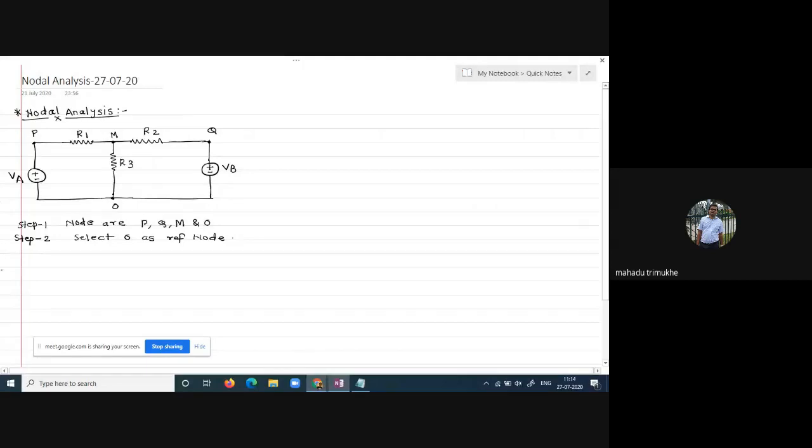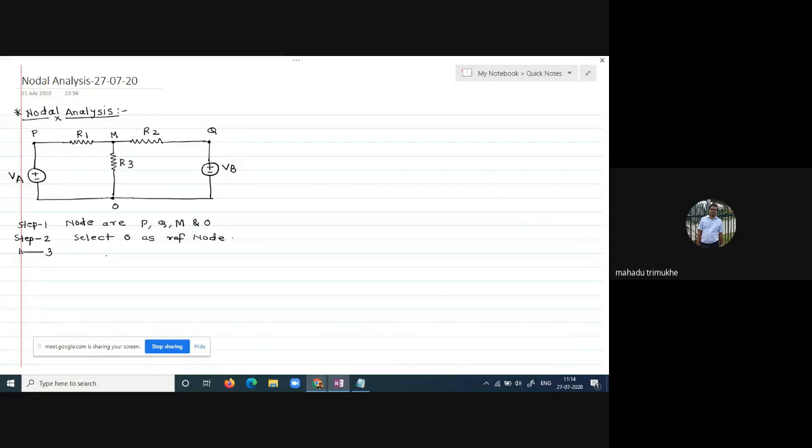Then the third step, step number three, is to identify independent nodes. Here in this electrical network, the node voltages at P and Q are known, right?